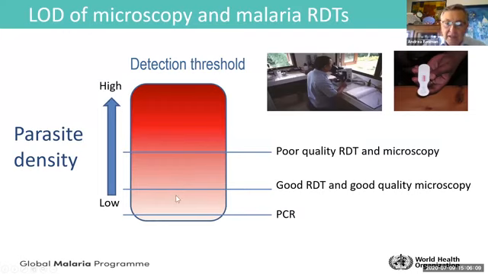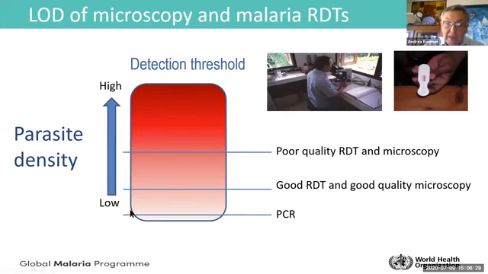And if you go to PCR, we can get to 1, 2 with conventional PCR. We can even go 100 times below these levels if we use the highly sensitive PCR, high volume PCR.